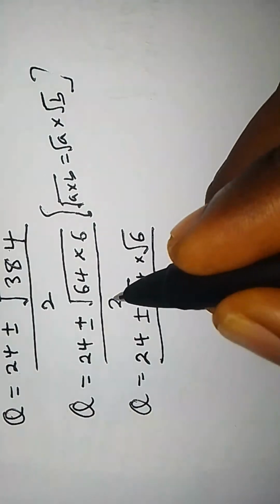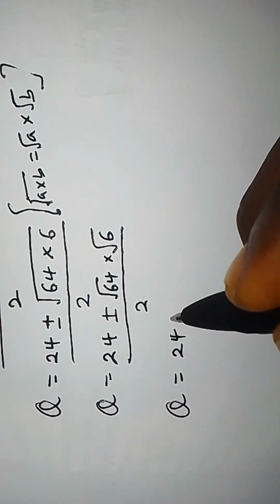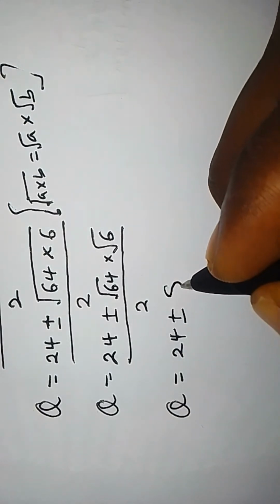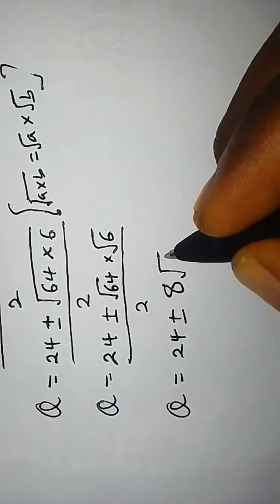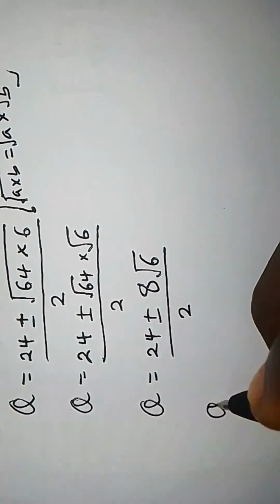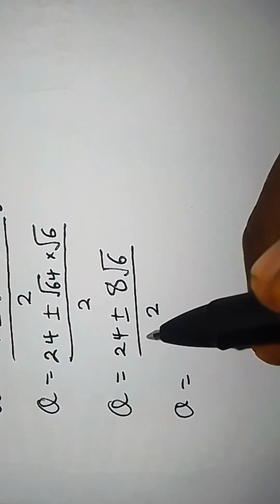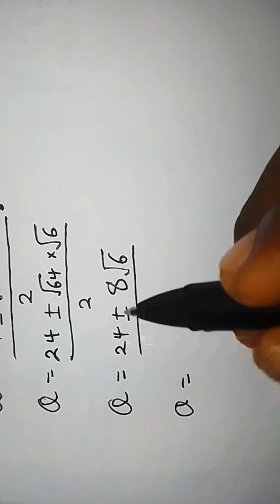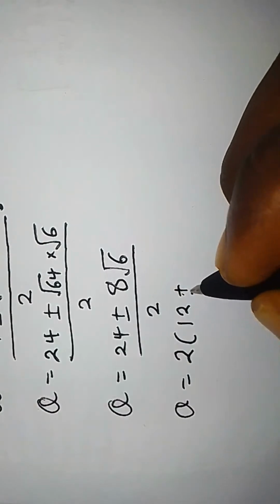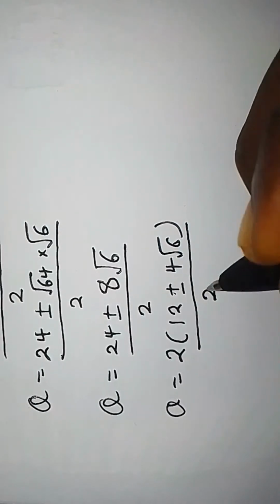Everything divided by 2. So Q is equal to 24 plus or minus, what is square root of 64? That is 8 times square root of 6, divided by 2. You will see that it is very possible we can factor out 2 from this numerator. So that will be 2 into 12 plus or minus 4 root 6, divided by 2.